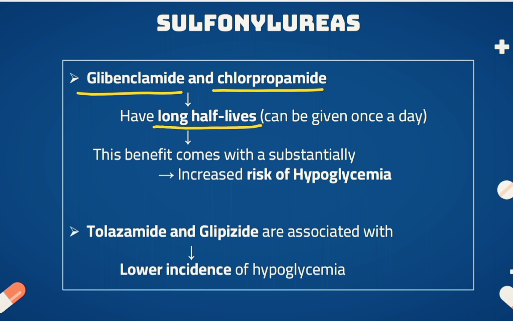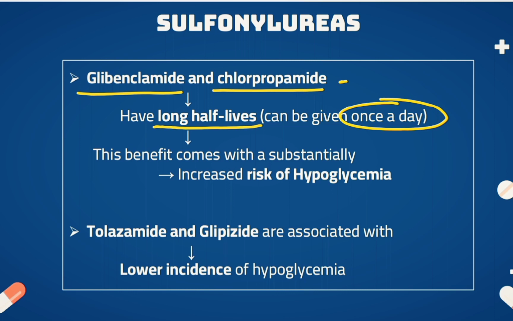Because of these long half-lives, these drugs can be given once a day. As we have already discussed, the longer-acting sulfonylureas have a higher chance of developing hypoglycemia, so the risk is higher with these two drugs, glibenclamide and chlorpropamide.